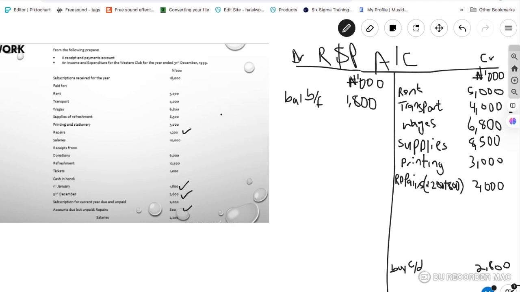So next we have salaries. We also have salaries with accruals, accrued salaries. For salaries we have 10 million, and we have an accrual of 2,200,000.